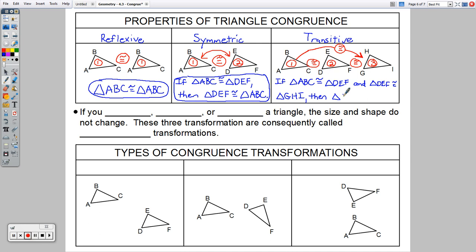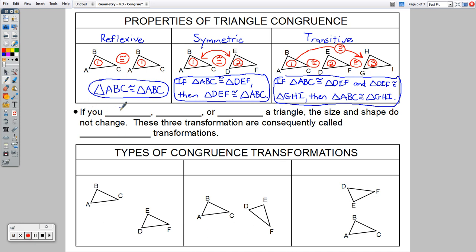Then the first one, ABC, is congruent to the last one, GHI. So that's the gist of those 3 things. So we may be using these ideas later to prove things about triangles, or that one triangle is congruent to another. And the final idea, the new idea in this lesson, is this.